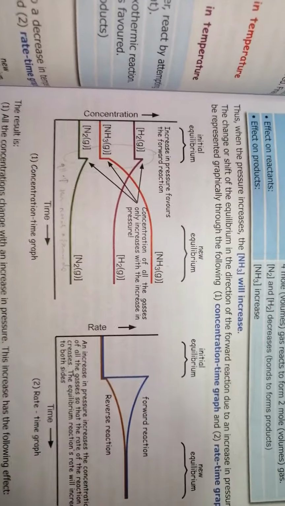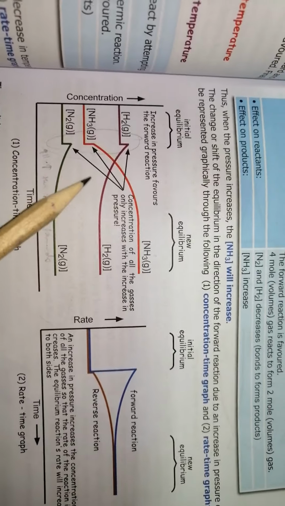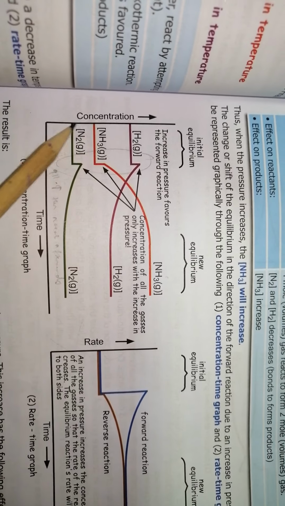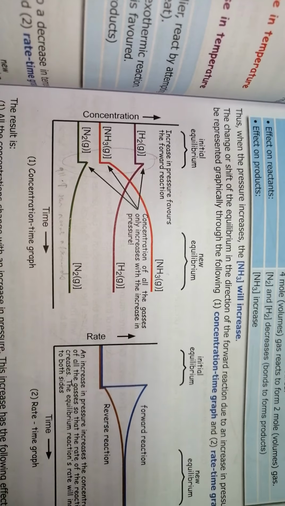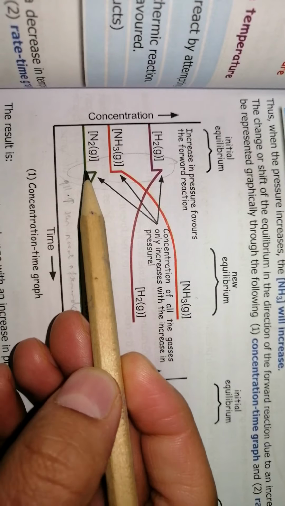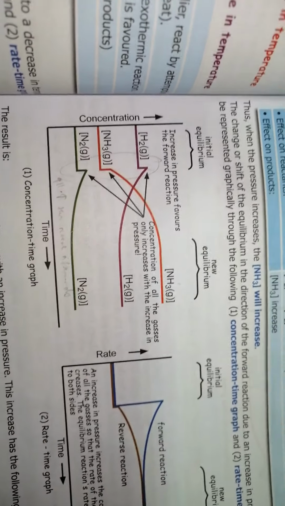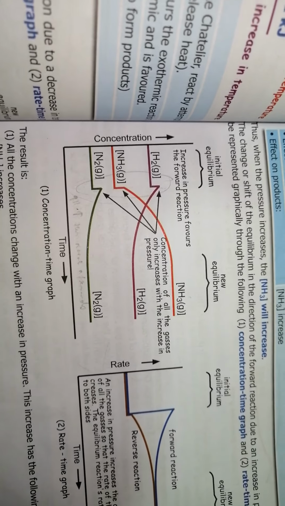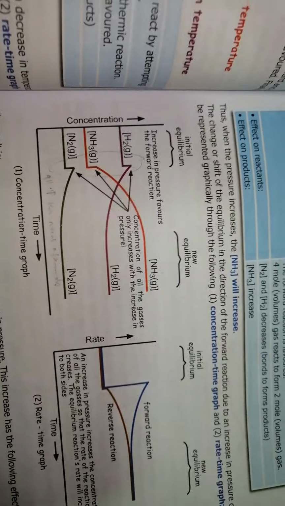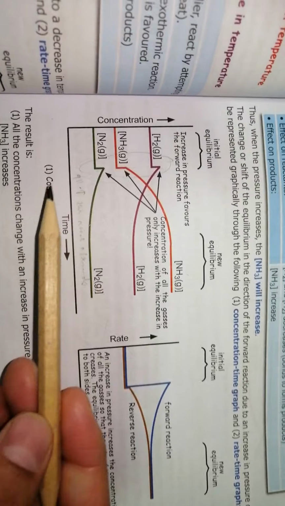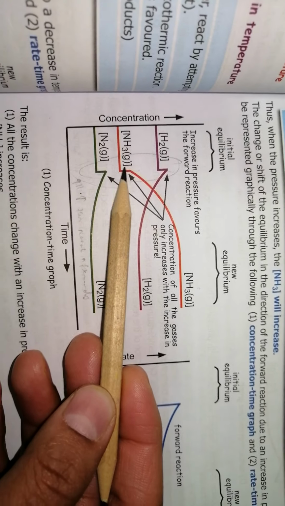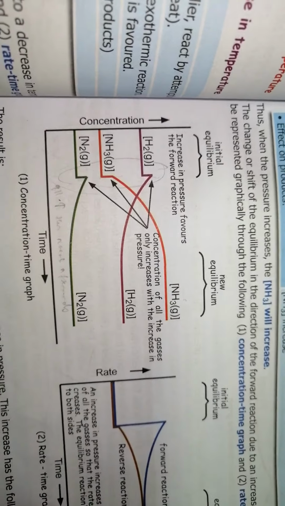If you look at this concentration versus time graph, can you see that you had equilibrium before? They were all parallel lines. Then, all of a sudden, you have a spike in each one of them. Every one of them is increasing. And that's impossible, because how can all of them increase if only the forward reaction is favored? So nitrogen is increasing, ammonia is increasing, and hydrogen is increasing.